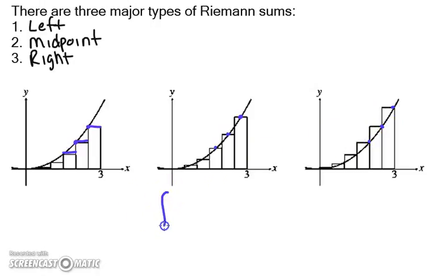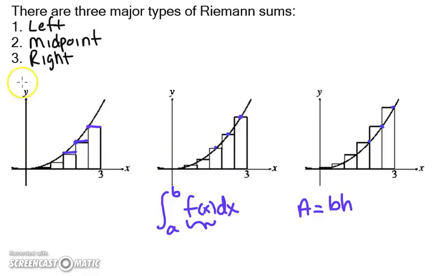Now going back real quick to this little thing here that we saw on the previous slide, we know that the area of a rectangle is the base times the height. Well, the height of these rectangles here is going to be however high the function is, right? So if we look at this rectangle here, the height is just whatever that f of x value is.